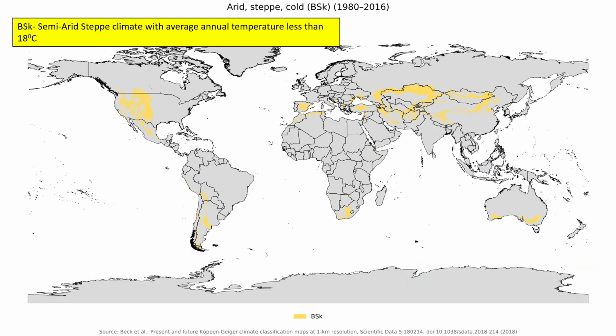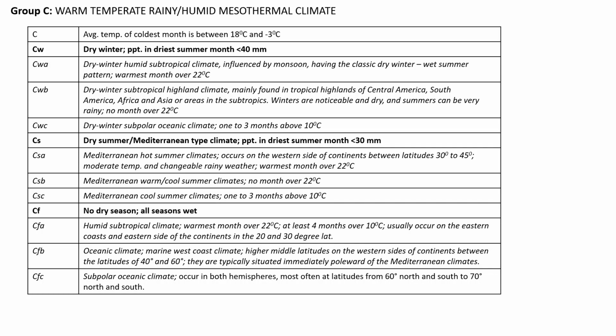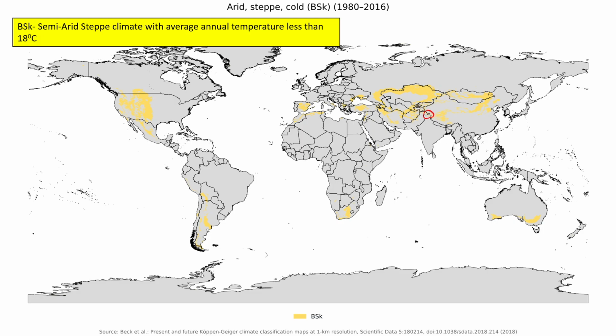So the northernmost portion of India and Kashmir shows us this type of climate. Okay, BSK. All right, so I think for this video we can stop at group A and B because it is too long a topic, and we can continue this further.